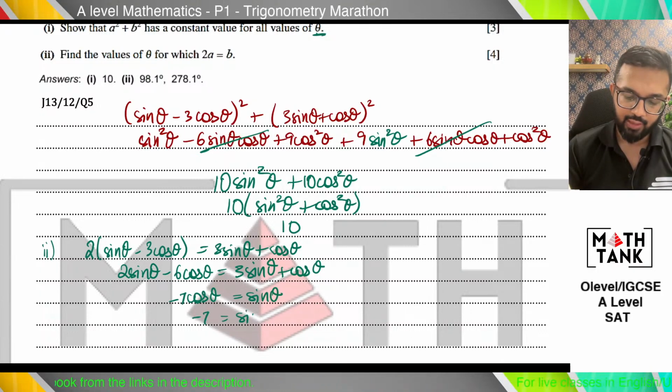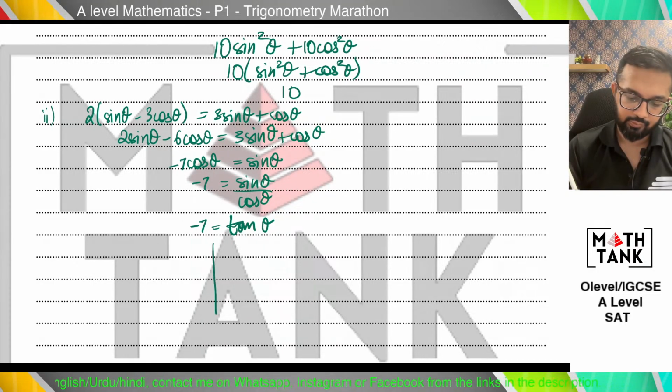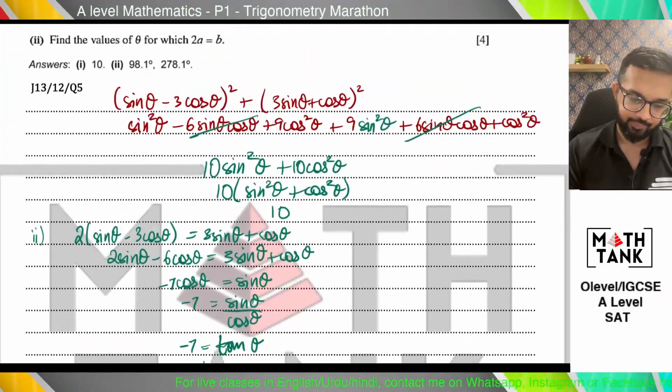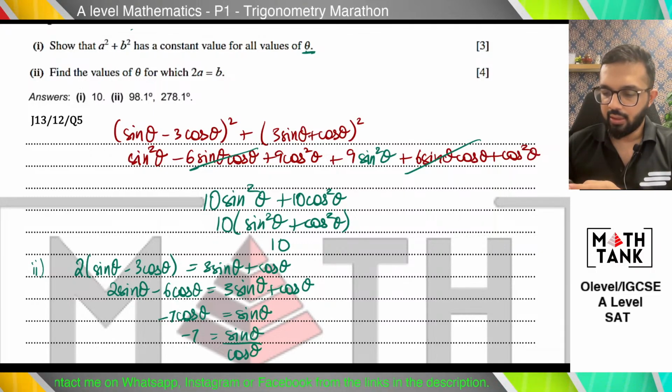Minus 7 equals sine theta over cos theta. So theta is from 0 to 360. Calculator is again.